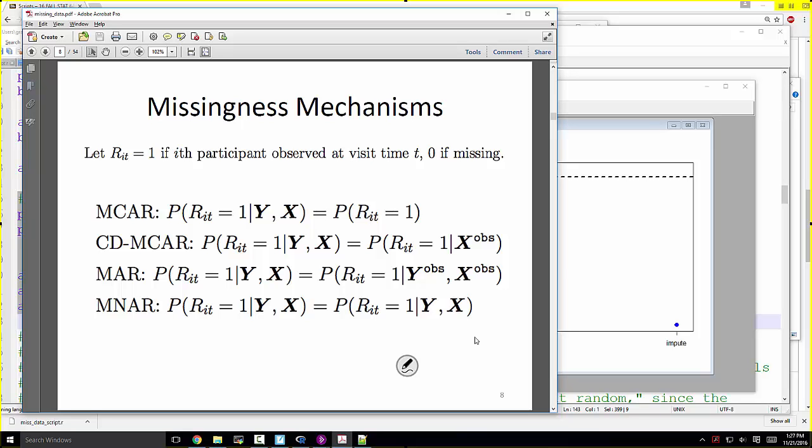How can you possibly, for example, figure out from the data whether or not missing values are missing in such a way that it's informative? How can you possibly know whether a missing value is missing because the value you would have observed was extreme, say? The short answer is that you can't tell that just by looking at the data. There's really no way to know which of these mechanisms applies.